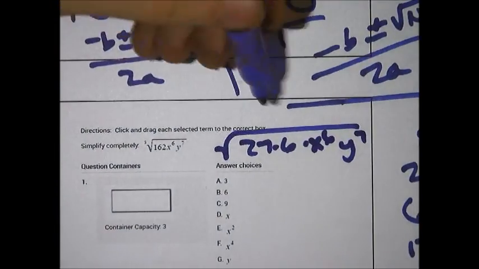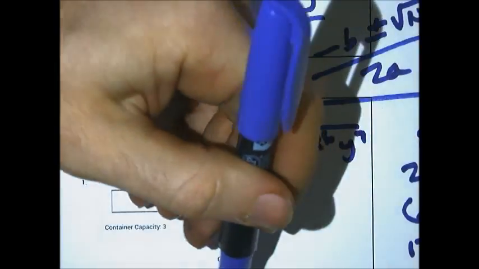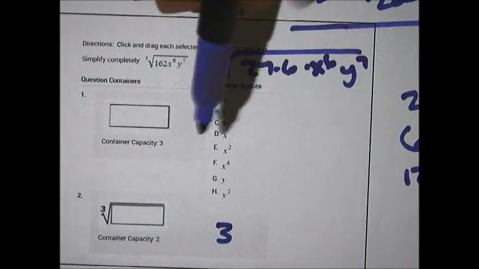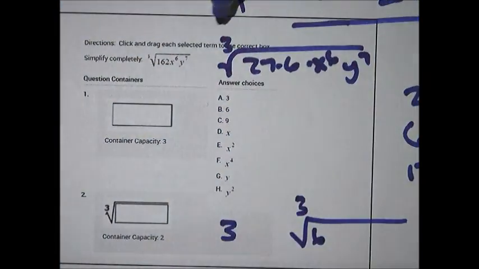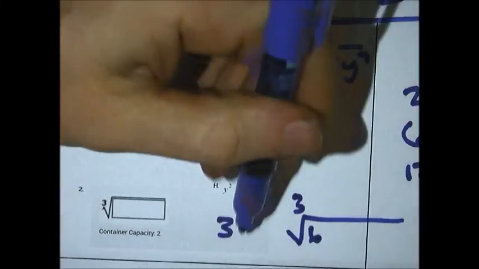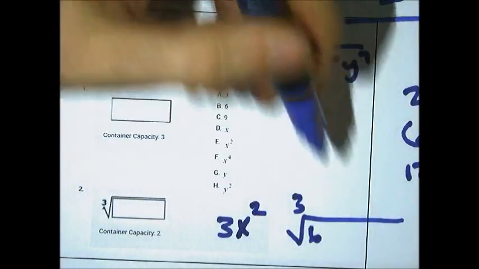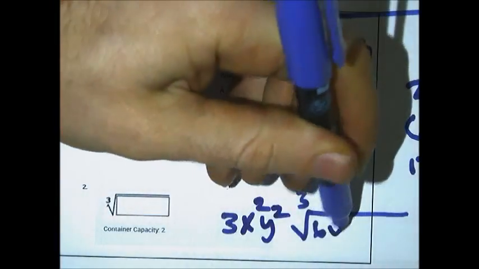Rewrite the letters, x to the 6th, y to the 7th. So we say, what is the cube root of 27? The cube root of 27 is 3. The 6 is going to stay under the cube root. So now we have the numbers taken care of. To do the letters, you divide the index number in. The index number for our cube root is a 3. 3 goes into 6 twice, no remainder. 3 goes into 7 twice, remainder 1.